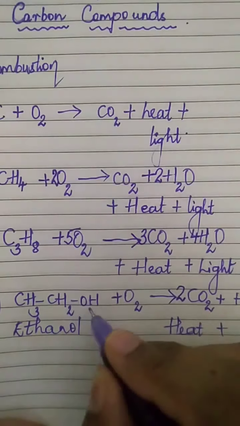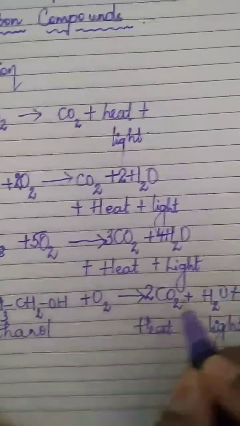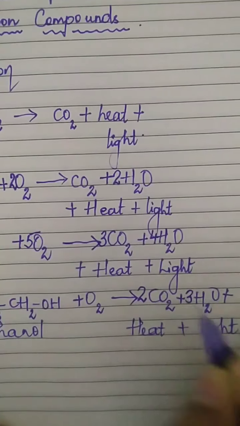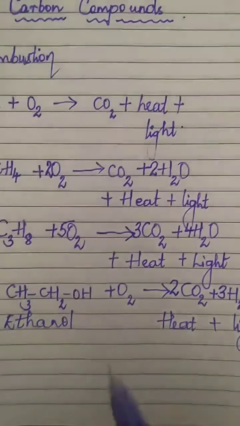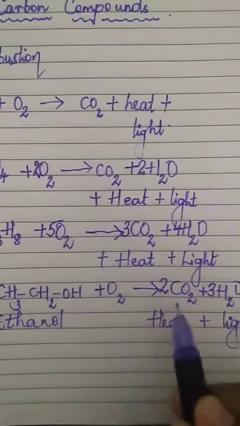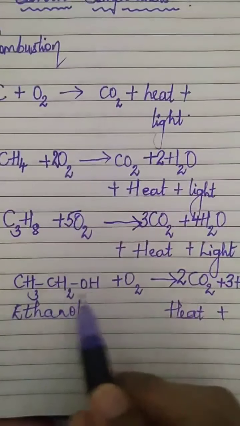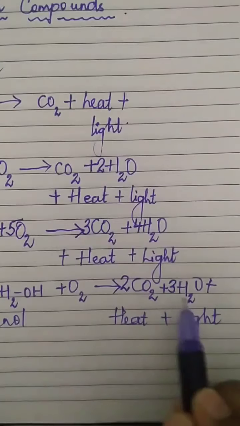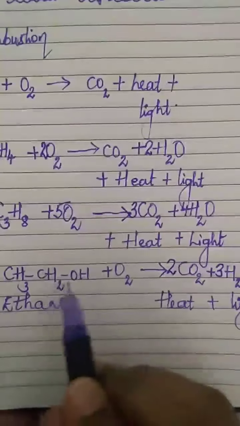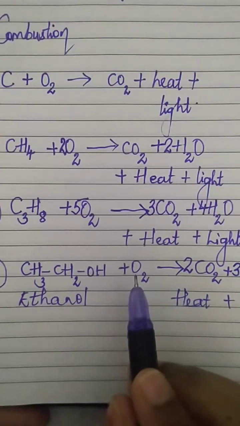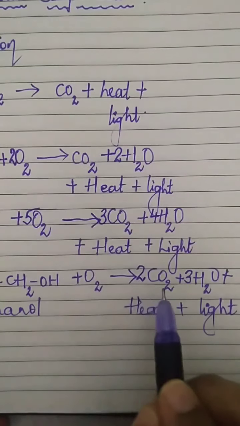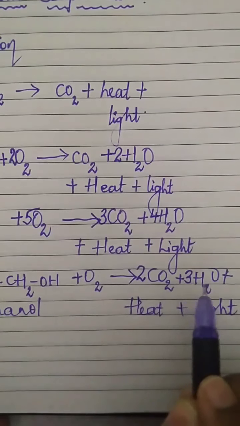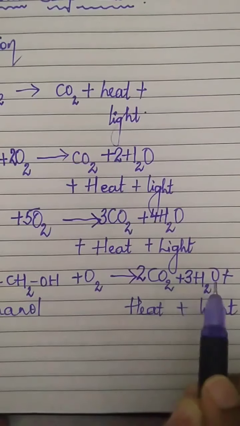What about hydrogen? 5 and 1, 6 you have, so I'll put a 3 this side. Hydrogen is balanced now. 3 2s are 6. So carbon 2, carbon 2. Hydrogen 5 plus 1, 6. Oxygen 1 and 2, that is 3, and here you have 4 oxygen plus 3, that is 7.